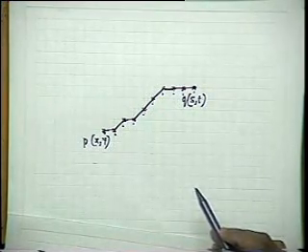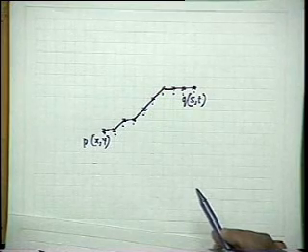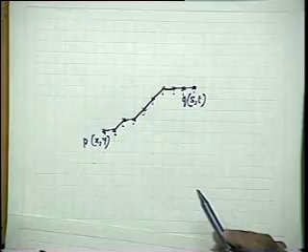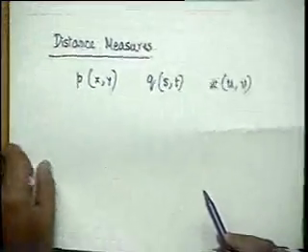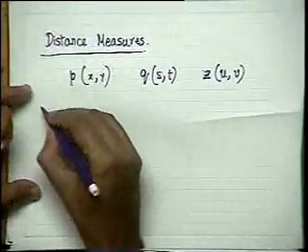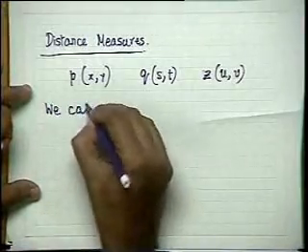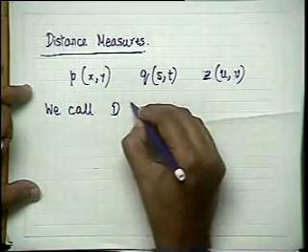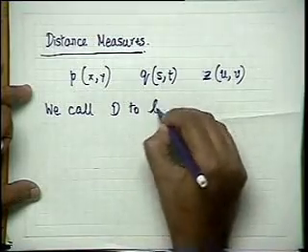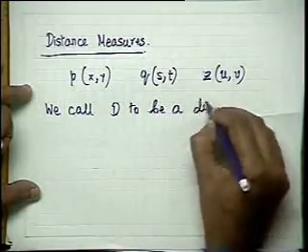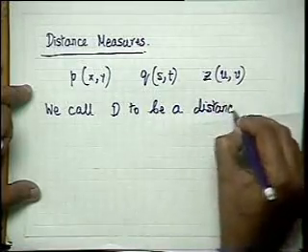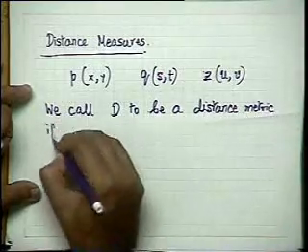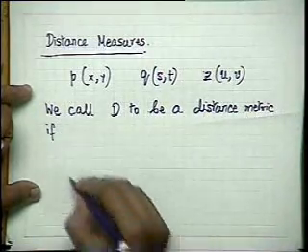Whether any particular distance measure qualifies as a distance measure or not is defined by certain conditions. So we call D a distance metric if it fulfills certain properties.